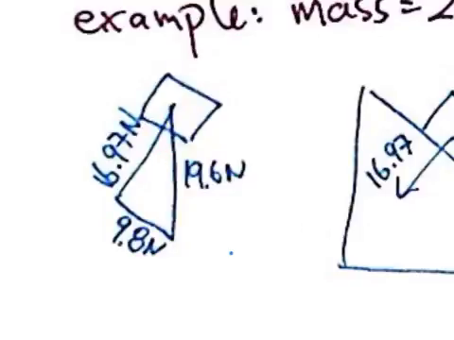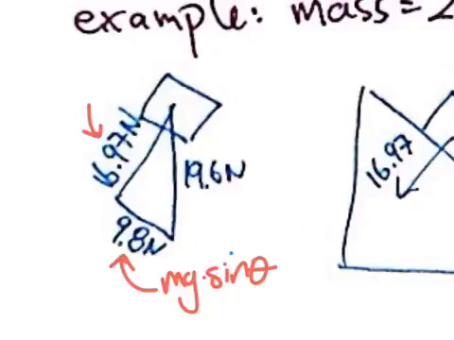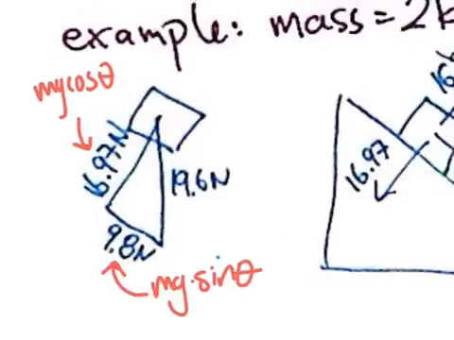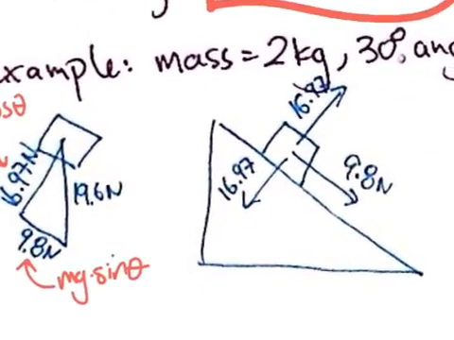So this is mg sine theta, and this, the perpendicular component, is mg cos theta. And the reality, so let me explain this in different words. What this means is that the weight, gravity, pulls to the right with this much and pulls straight into the plane with this much force. So the box obviously isn't levitating up and it's not breaking through the plane.